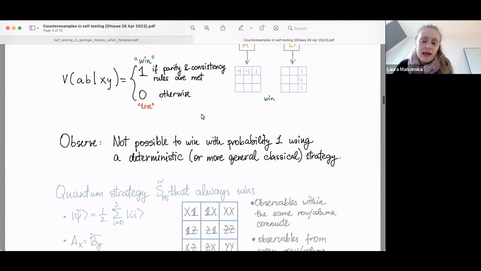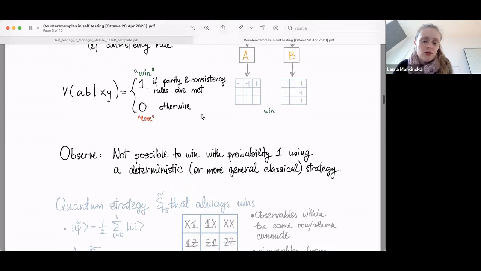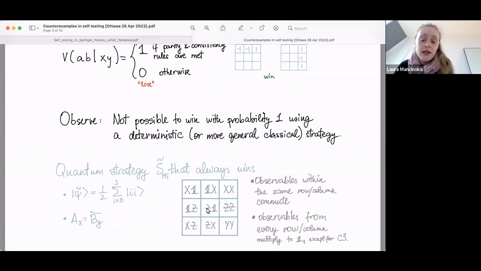In this case, the ability of the quantum players to win hinges on the possibility to fill in this 3x3 grid with operators, so that along every row and column they multiply to plus identity, while multiplying to minus identity on this last column. I'm not going to go into details why this is what is needed, but that is what in the end it comes down to.